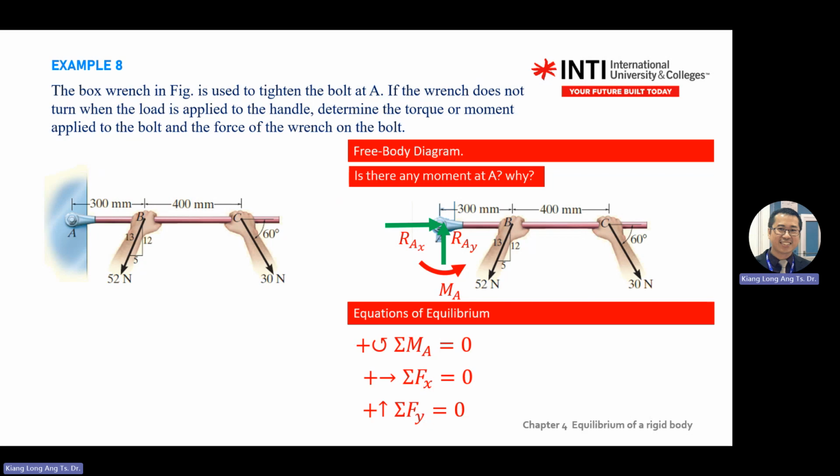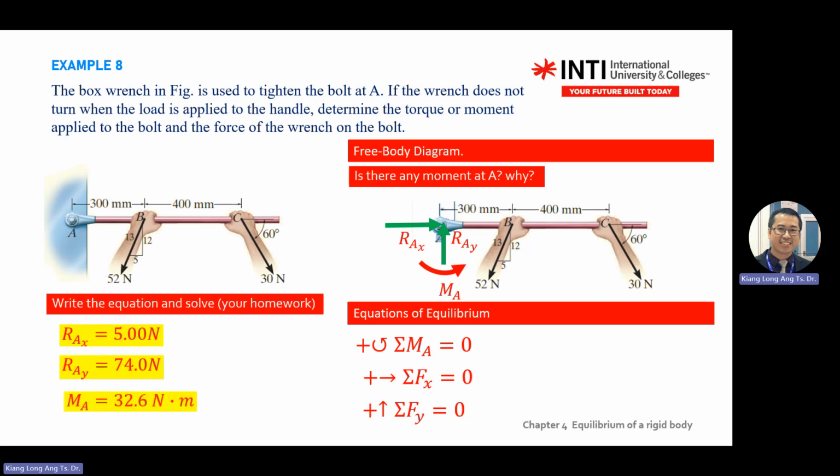So MA plus this one, plus this one, plus this one, plus this one. So you have 1, 2, 3, 4, 5. 5 moments in the equation, all the moment at A equals 0. So you have 5 components there. Then Fx you get 3, Fy you get 3. Then you solve.